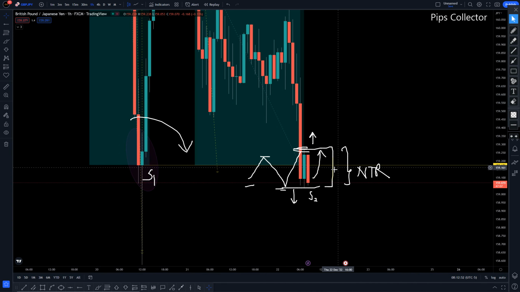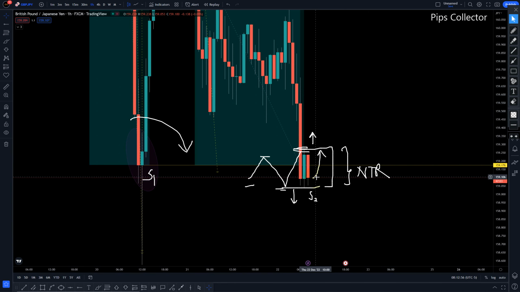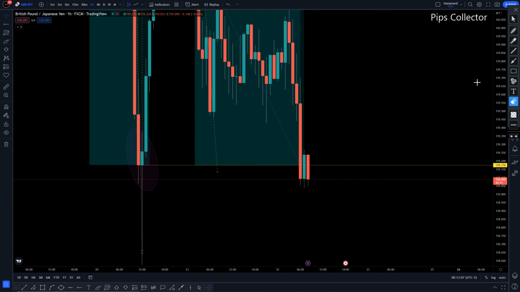However, my suggestion is, if you're watching this recording and you're not live here, if you ask me, I would say don't take the sell yet, because I would prefer for this 1 hour candle to close and the next 4 hour candle to open. Once the next 4 hour candle has opened, I want to see some retracement. Don't forget that this 1 hour candle, first of all, doesn't have any top wick.